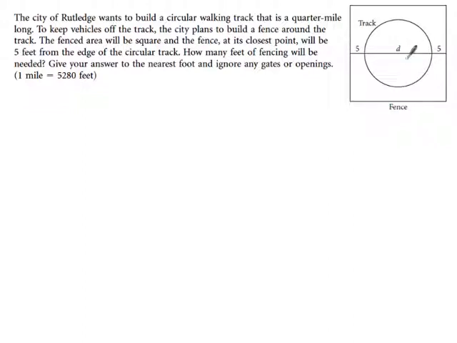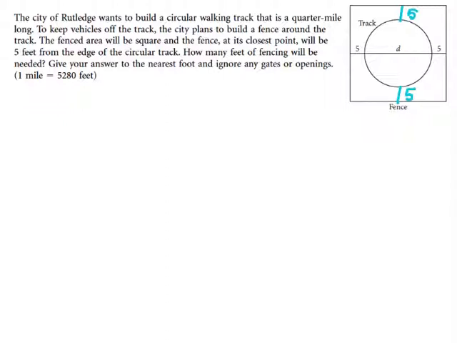Okay, we've got our circular track. Very rarely do they build circular tracks. They always build them oval because circular will in fact cause some problems. Okay, and so what you notice here is that we have the diameter of that circle, and then we have 5 feet on either side. This will also be 5 feet since it is a square. Those just aren't marked.